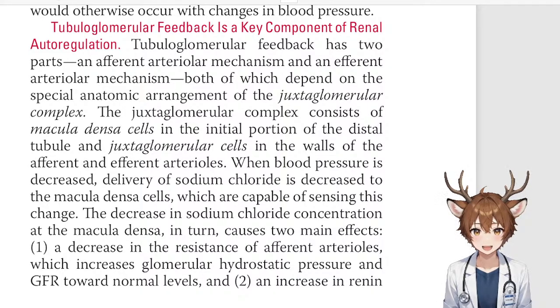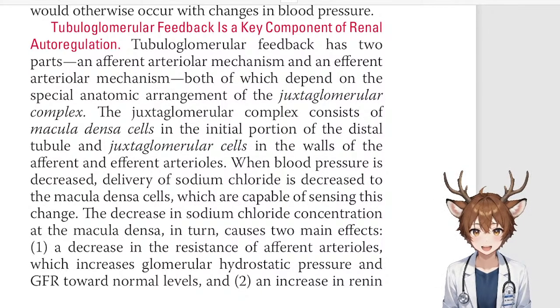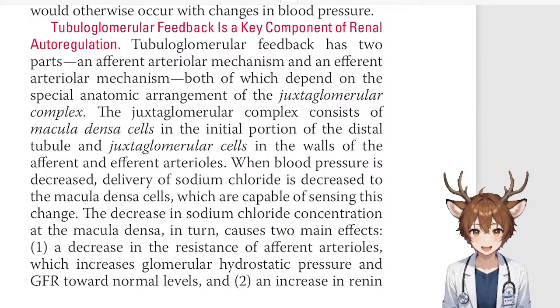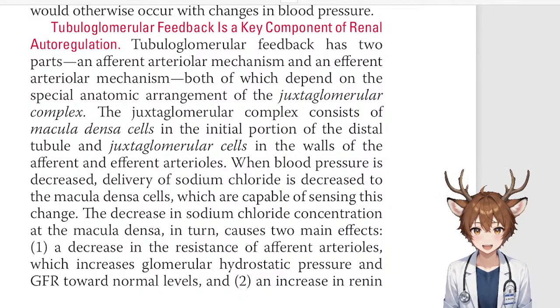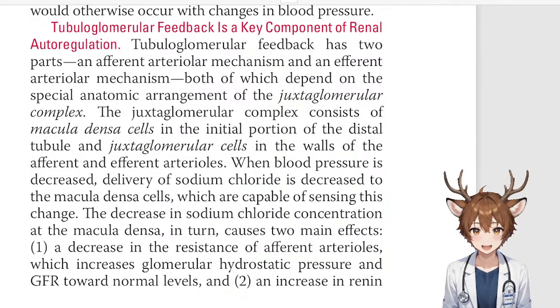When blood pressure is decreased, delivery of sodium chloride is decreased to the macula densa cells, which are capable of sensing this change. The decrease in sodium chloride concentration at the macula densa, in turn, causes two main effects. One, a decrease in the resistance of the afferent arterioles, which increases the glomerular hydrostatic pressure and therefore the GFR towards normal levels.